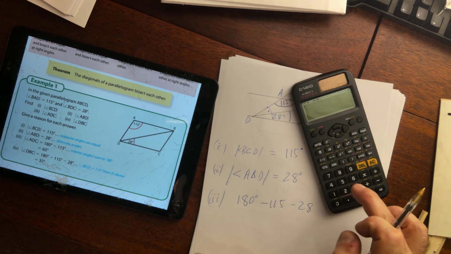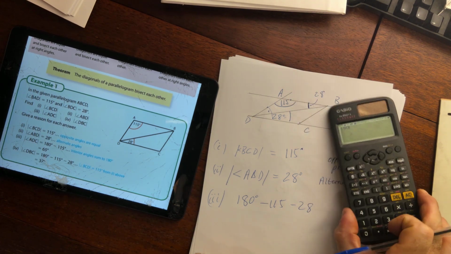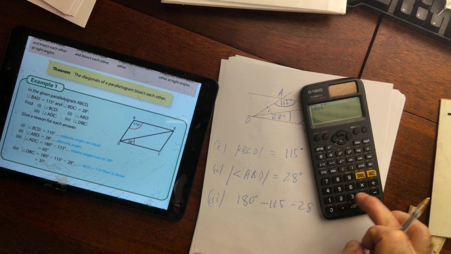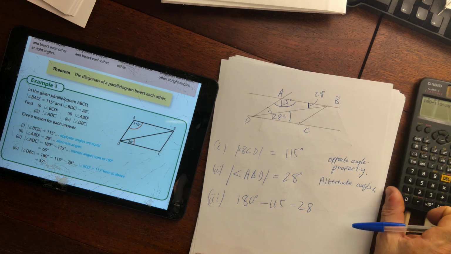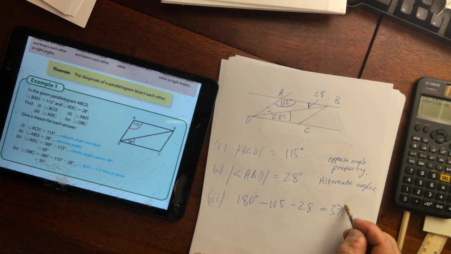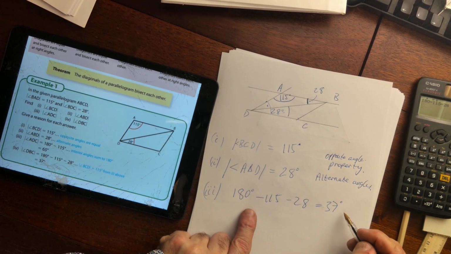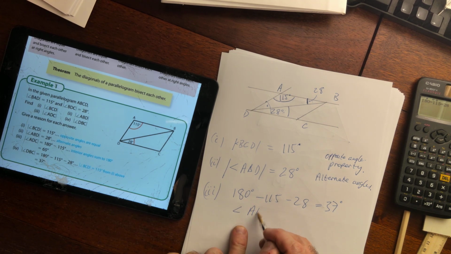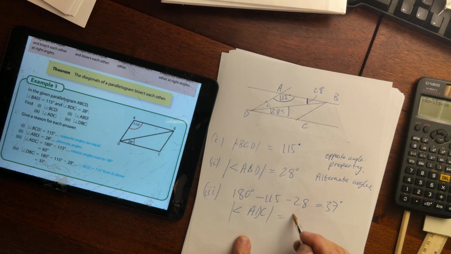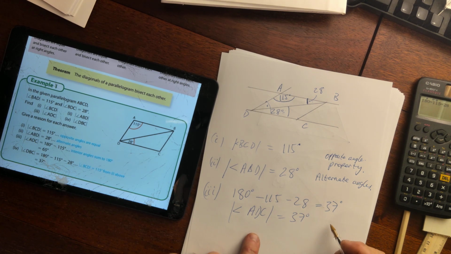Okay, 180 is the internal angles of a triangle, minus 115 minus 28 leaves us with the third angle equal to 37 degrees. Okay, and the reason is, angle ADC equals 37 degrees, and the justification is the sum of angles in a triangle add to 180 degrees.